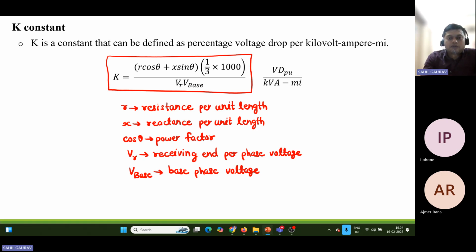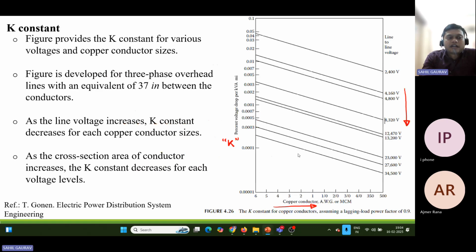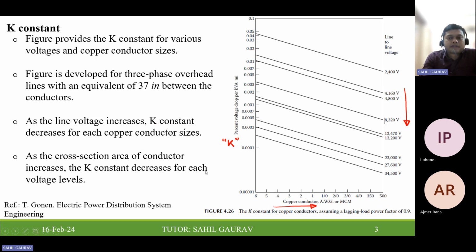Now let us see the significance of the K constant. I have taken this figure 4.26 from the Turan Gonen book, Electrical Power Distribution System Engineering. This figure provides the K constant for various voltages and copper conductor sizes.